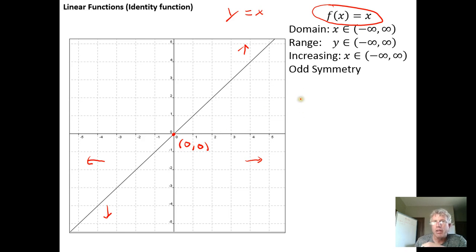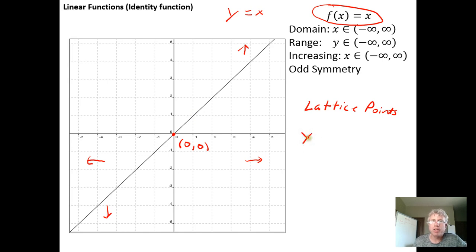And then when we're doing graphical transformations of toolbox functions, the thing that we want to keep track of are nice points on the graph, or lattice points. Lattice points are just points on the graph for which both the x and the y coordinates are integer values.